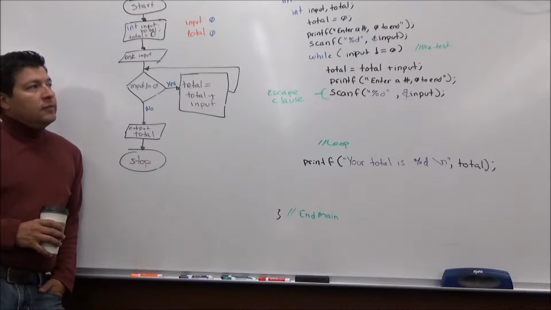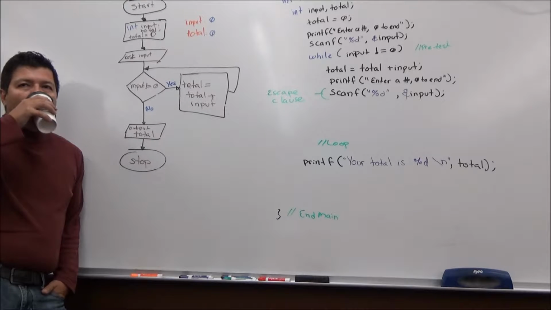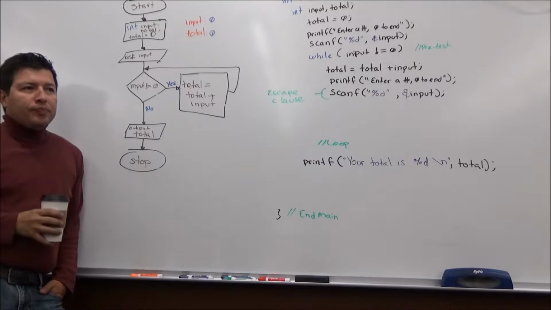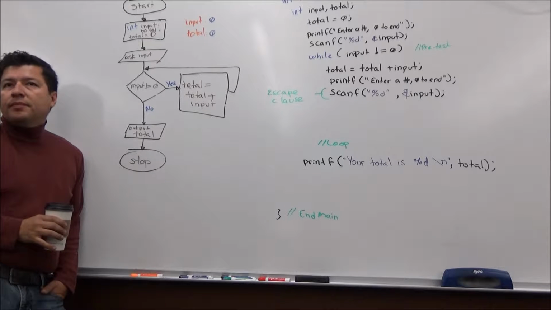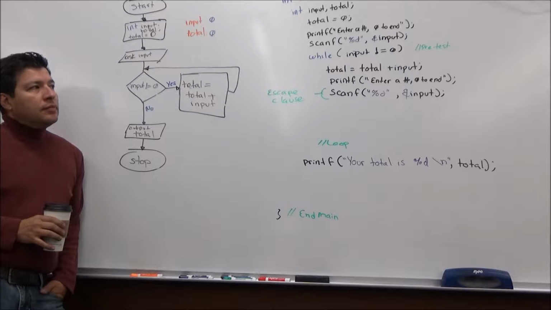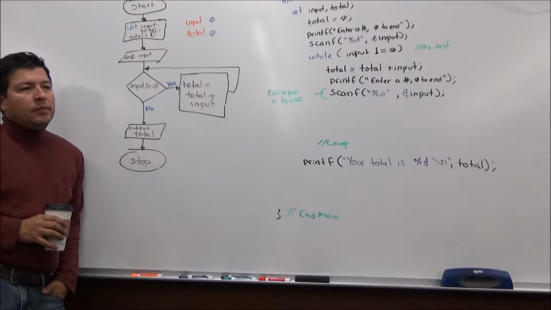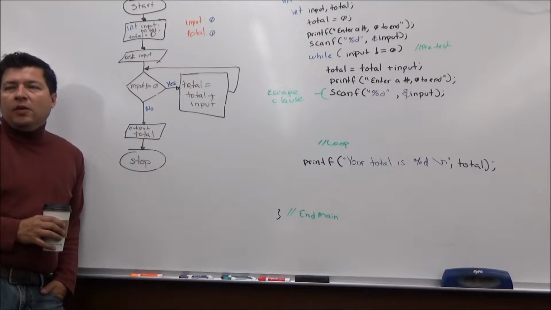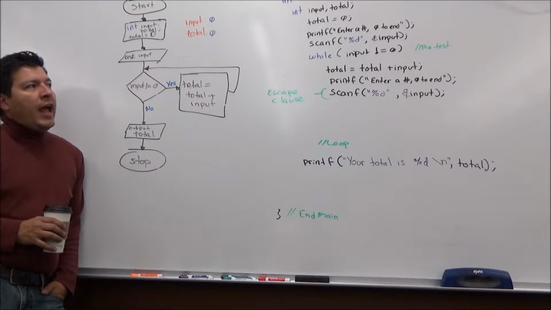So guess what? Do we get an infinite loop there? No. Why not? Because it's only one line. So what's an infinite loop? The loop is executed over and over infinitely, right? So let's say the user entered 10.